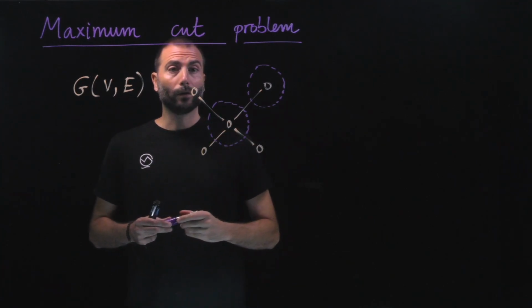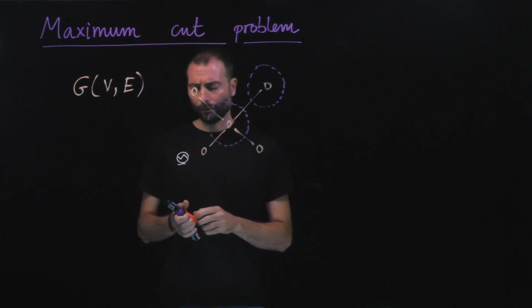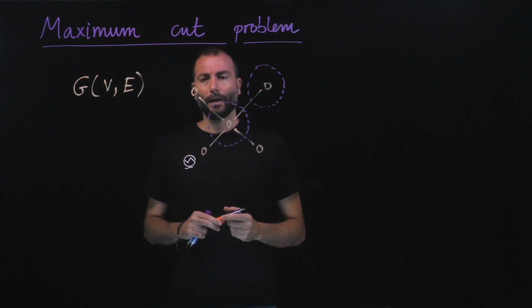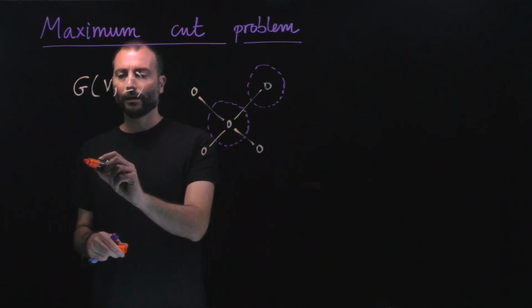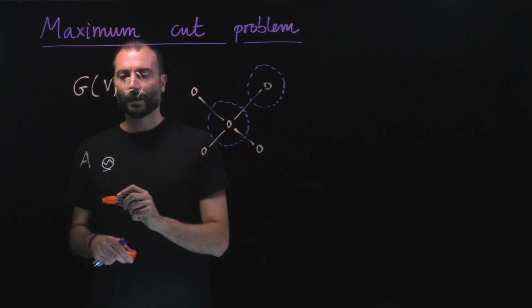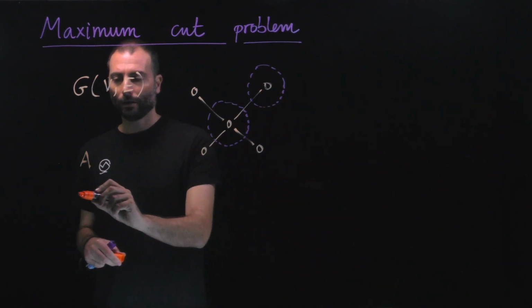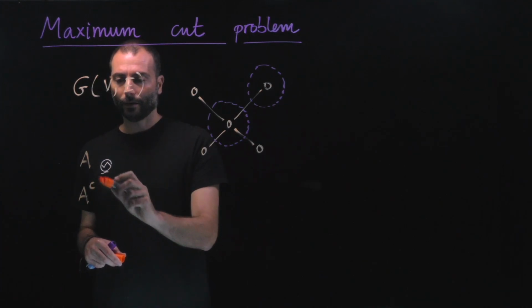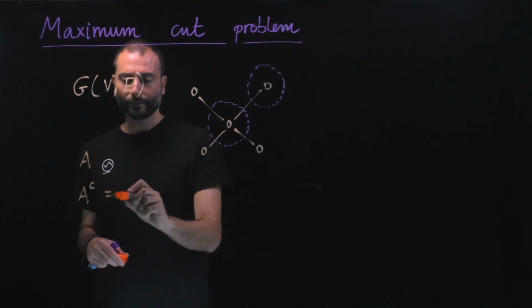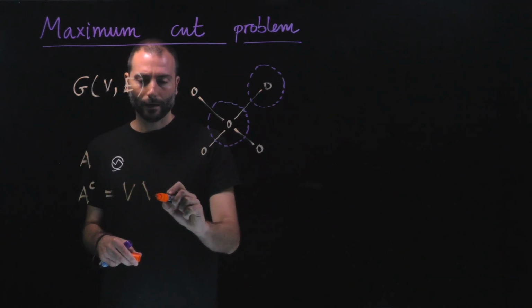If we want to formulate the problem more formally, we would say that we decompose the set of vertices V into a subset A and its complementary set, A complementary, that we define in this way.